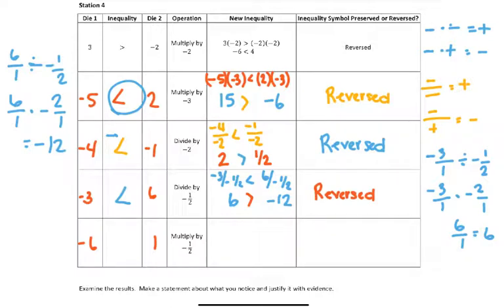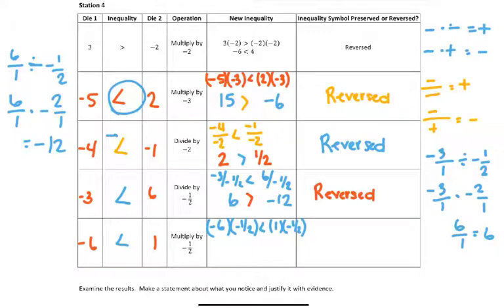So now I need to ask myself, is negative 6 greater than or less than 1? And I know that negative 6 is less than 1, so I'm going to put a less than symbol in there. And this is asking us to multiply by negative 1/2. So negative 6 times negative 1/2, and I'm going to leave that less than in there, 1 times negative 1/2.